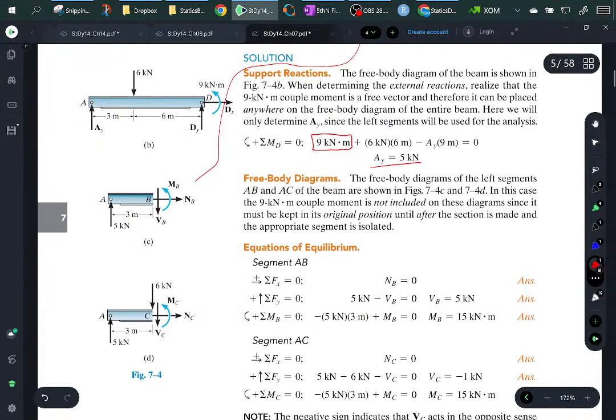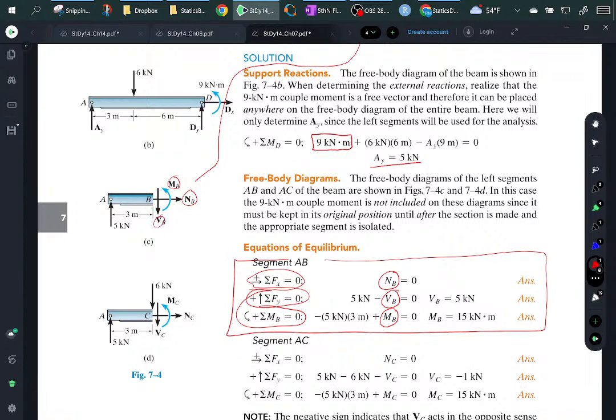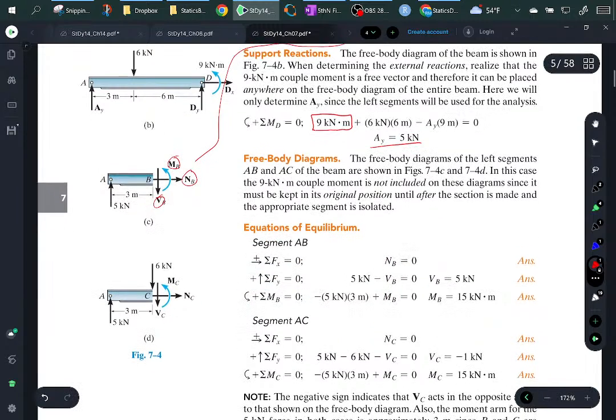So if you look at segment AB, you'll write down your 3 equations, the old standard equations. And from those standard equations, you'll get your 3 unknowns, this and this. There's never more than 3 unknowns. So it's a pretty standard way of doing things.